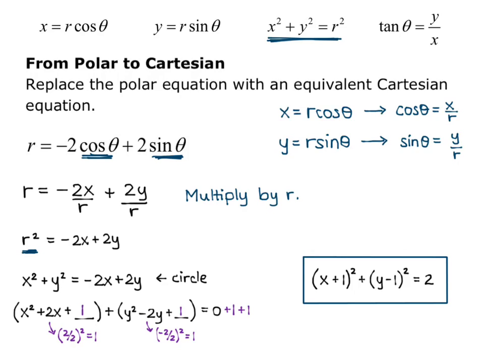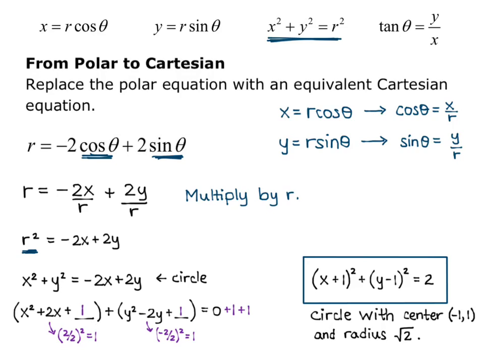So I get x plus 1 quantity squared plus y minus 1 quantity squared equals 2. And I know that this is a circle with center negative 1, 1, and radius square root of 2. Remember, your center always has the opposite sign of what you see in the equation. So that's going from polar to Cartesian.